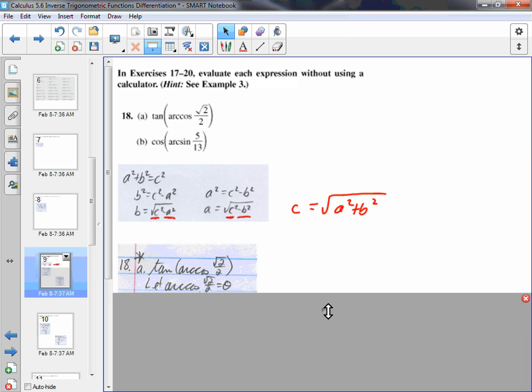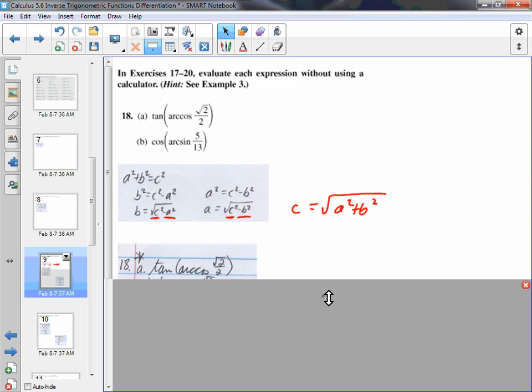For 18, let's find the tangent of the arc cosine of square root of 2 over 2. So we have a composite function where one of our functions is an inverse trig function. So, a little bit complicated. What we're going to do to solve this is go back to right triangle trigonometry.